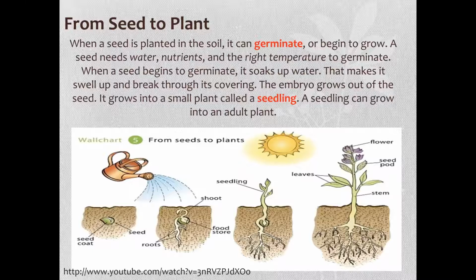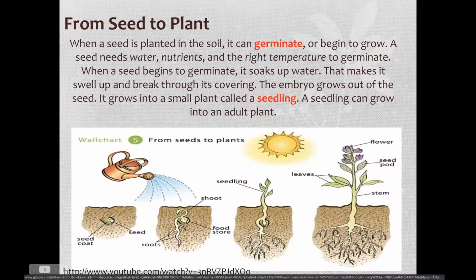And we can see through this image where it all starts. It starts from the seed, and we can see that that's showing the seed coat. And then when it goes through germination, it swells, and then it busts open. And once it busts open, then we start getting a shoot that is trying to reach the top of the soil so that it can get sunlight.